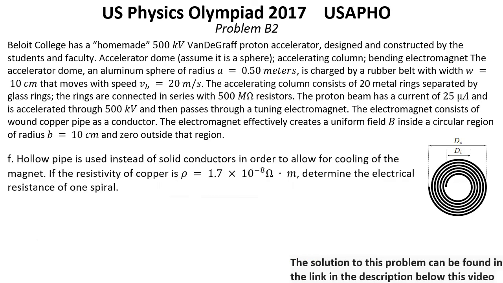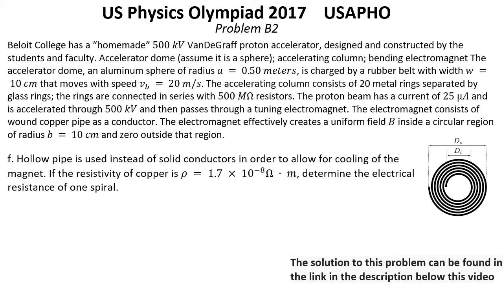Question F. A hollow pipe is used instead of solid conductors in order to allow for cooling of the magnet. If the resistivity of copper is ρ equal to 1.7×10⁻⁸ ohm meter, determine the electrical resistance of one spiral.